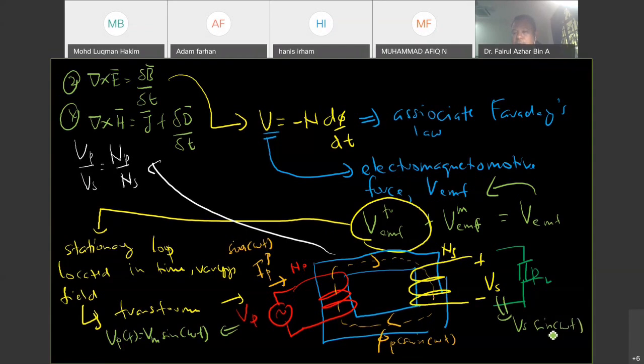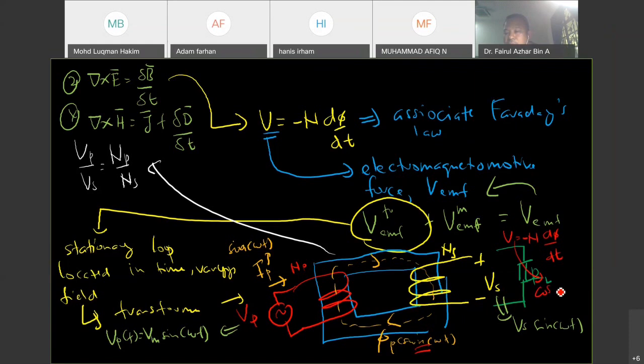So how can we confirm that VS will be produced in a sine function, same as the flux? Basically, we need to apply what I call Faraday's law. So we have V is equal to minus N d flux divided by dt, and because the flux is a sine function, as shown in this figure, V is also a sine function, but in a cos function, because when we differentiate the sine, we will have cos omega t.